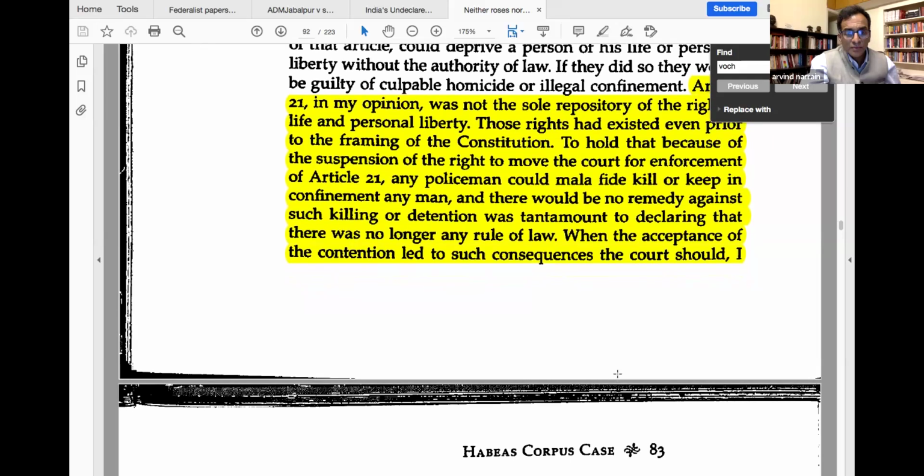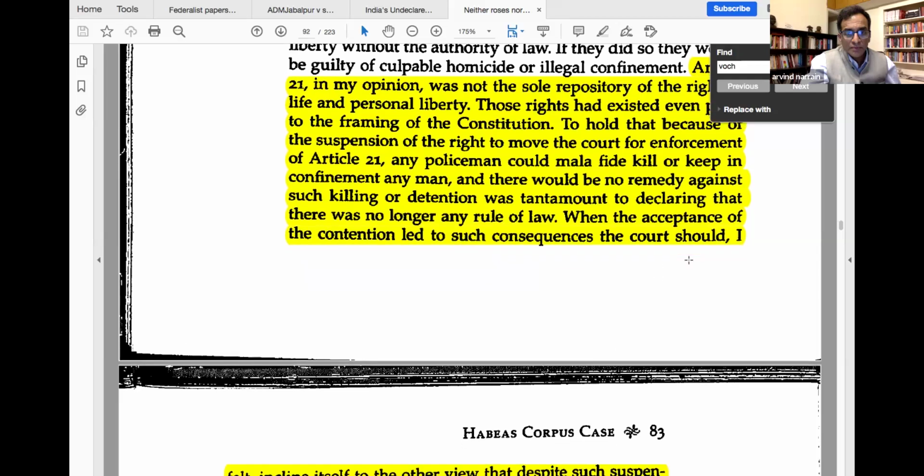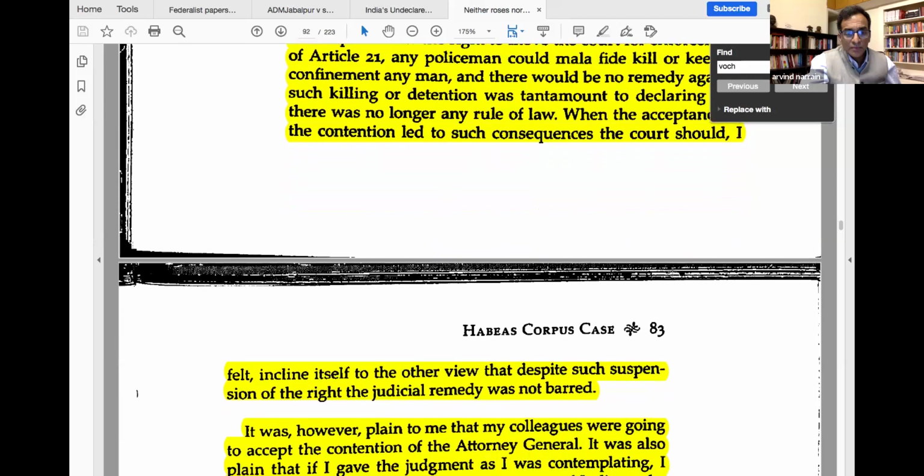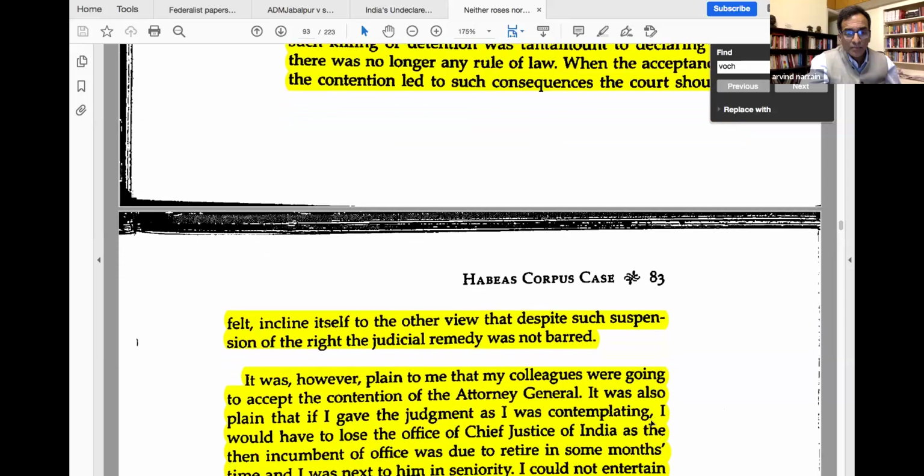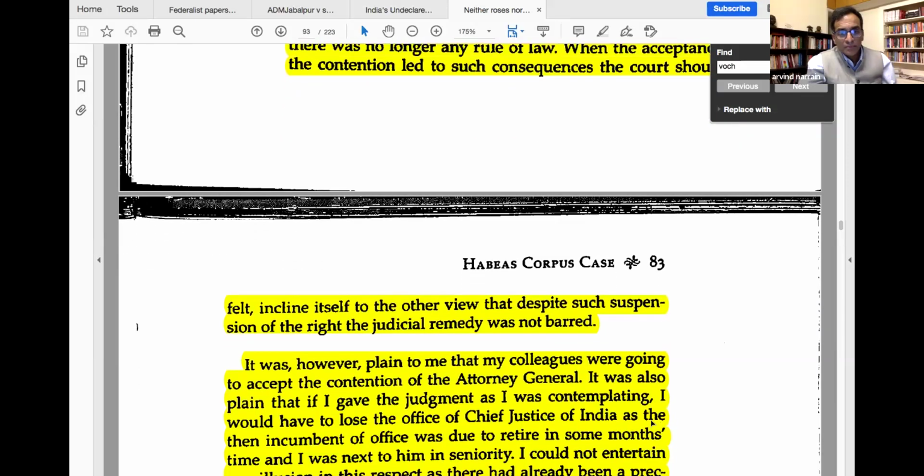When the acceptance of the contention led to such consequences, the court should, I felt, incline itself to the other view that despite such suspension of the right, the judicial remedy was not barred.